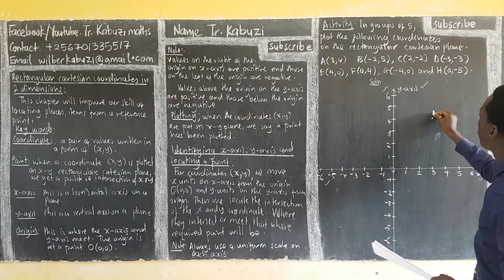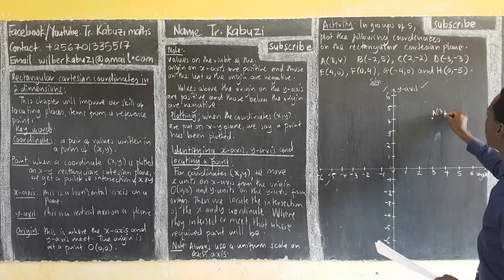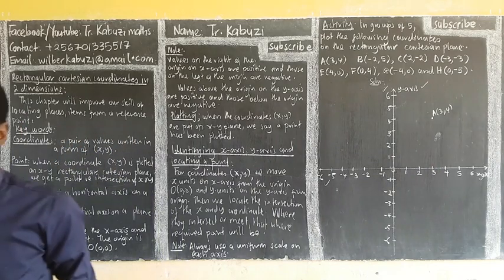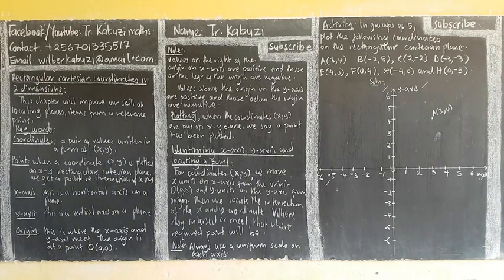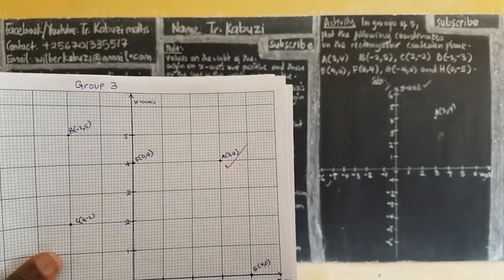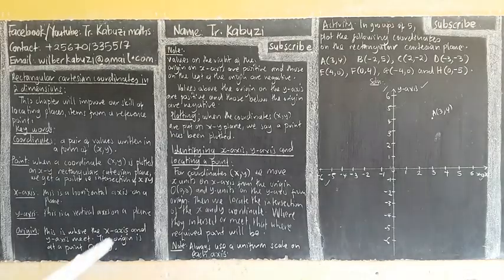So that's where our point A is going to be: 3, 4. And whoever got that right, you mark it. Let me mark mine here. It has it right. Give a simple tick like that.